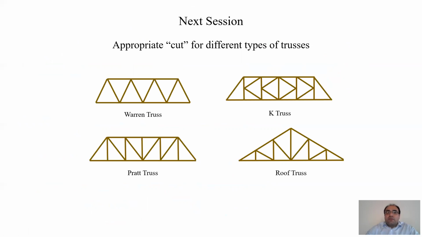And there are specific types of cuts that we can use to quickly solve those problems. So I'm going to explain them, and I'm also going to solve different examples on those different types of trusses.